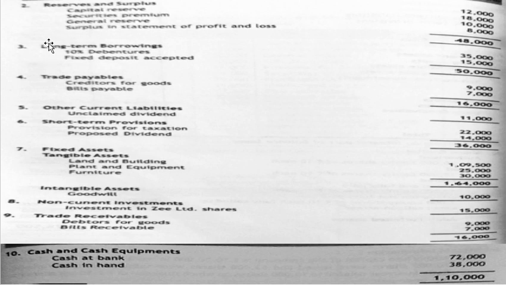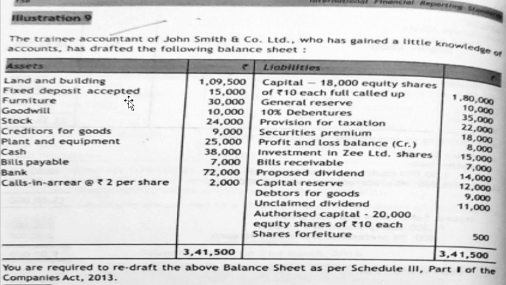There are no expenses to be set off from the surplus. So we have general reserves of 10 lakh, security premium of 18,000, and profit and loss balance credit of 8,000 recorded.